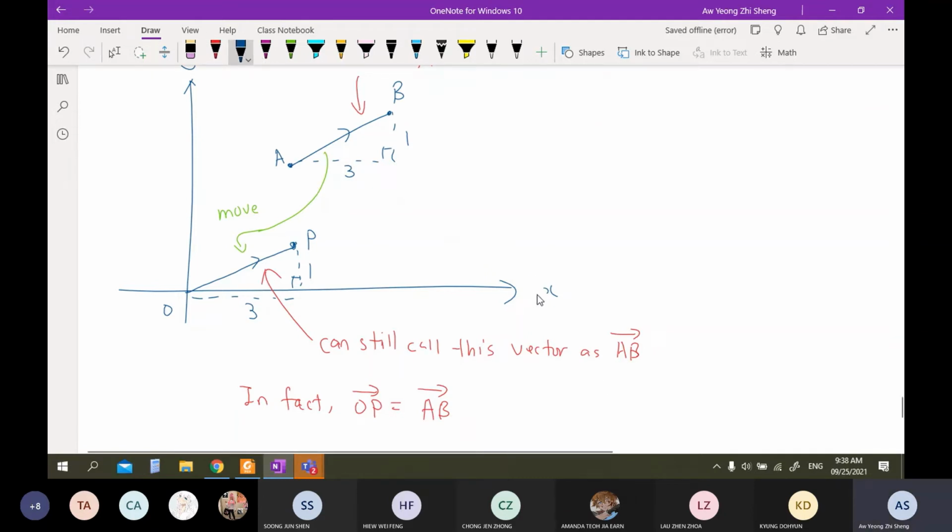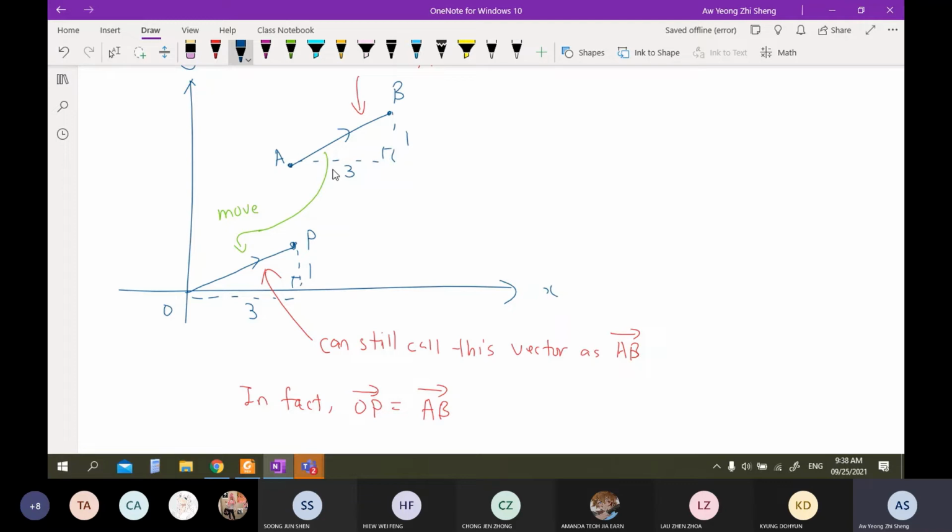This is a very important kind of mindset in the chapter of vectors. Be aware that vectors can be moved to a different position and still retain the same name. After you move the vector to a different position, you can still call it the same name as long as direction and length remain the same.